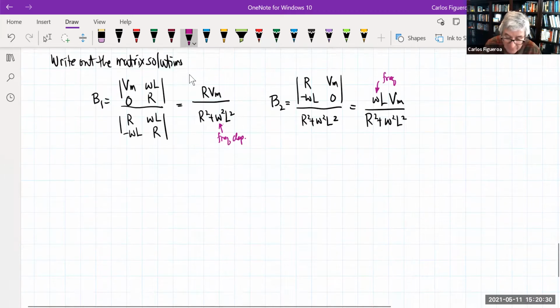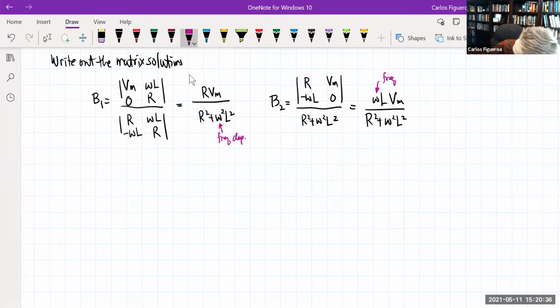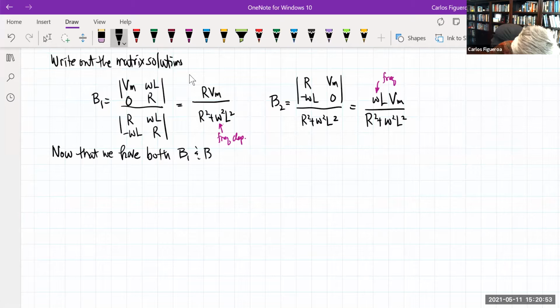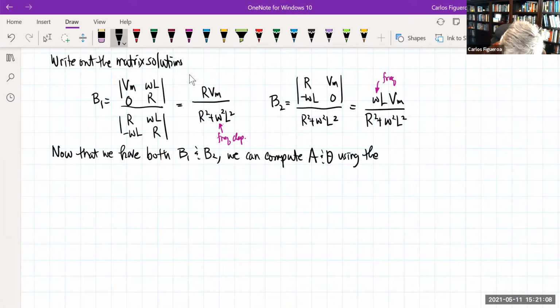So now that I got B1 and B2, I know how to set up my triangle now, right? So now that we have both B1 and B2, we can compute the amplitude and the phase using the triangle trick.